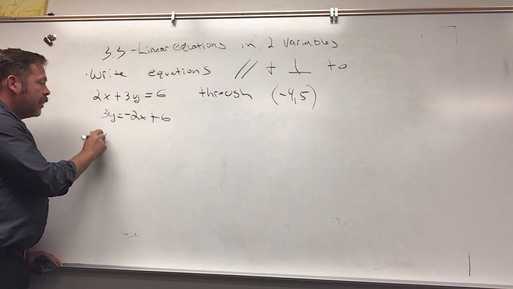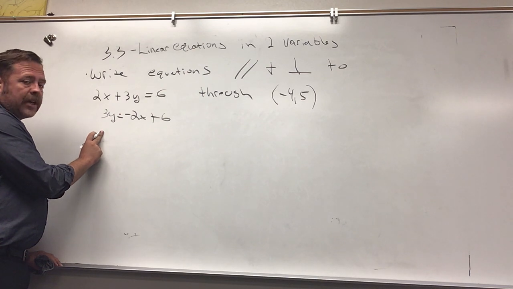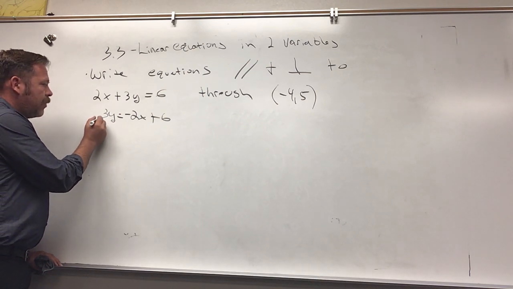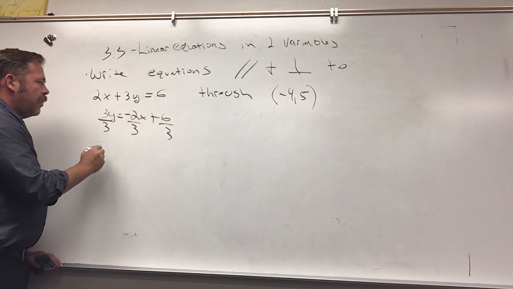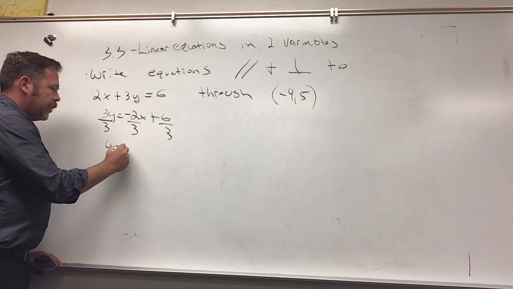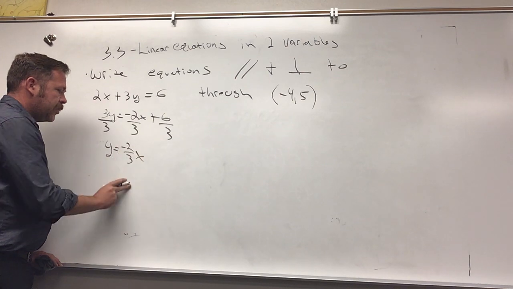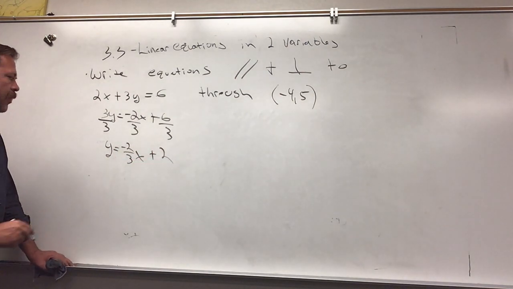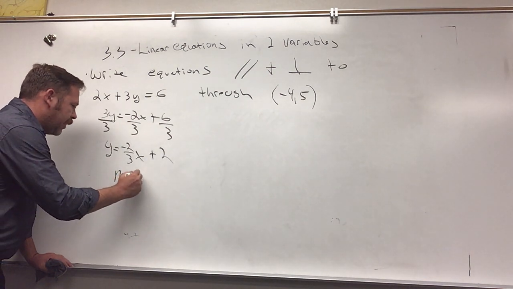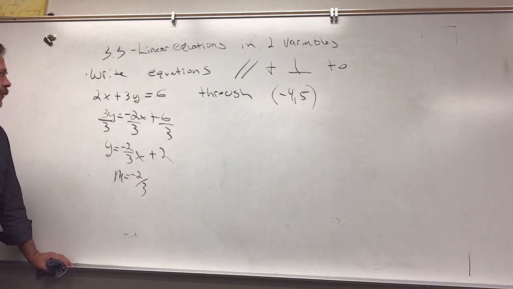And then I'm going to divide by 3. So y is by itself and it's in slope-intercept form. Divide by 3, divide by 3, divide by 3. y equals negative 2/3 x plus 2. So now we have our slope. m equals negative 2/3. Okay?